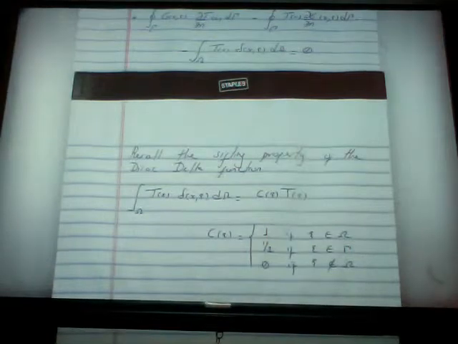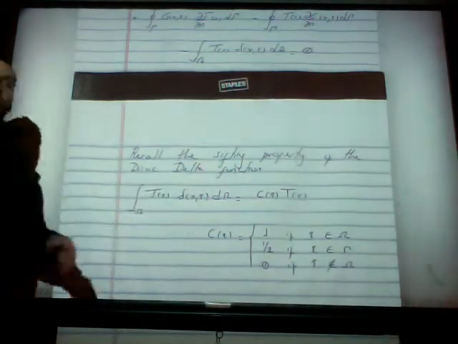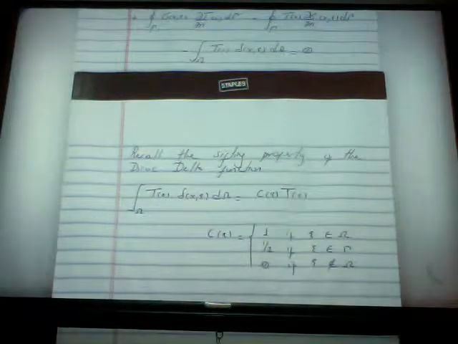This applies to 1D, 2D, or 3D. It really doesn't matter. The Dirac delta function is just a unit impulse that is 0 everywhere except when x is equal to the source point, when it shoots to infinity. But it has that very nice property.